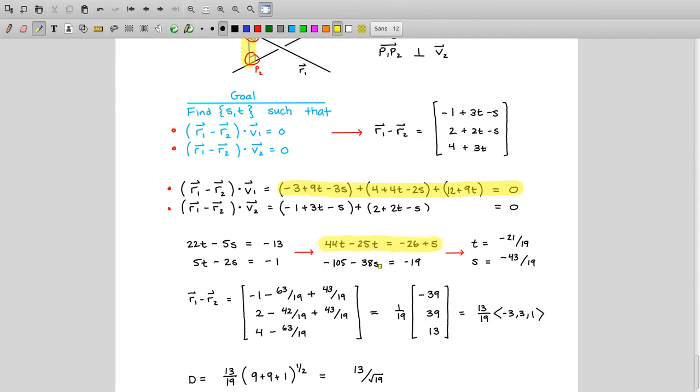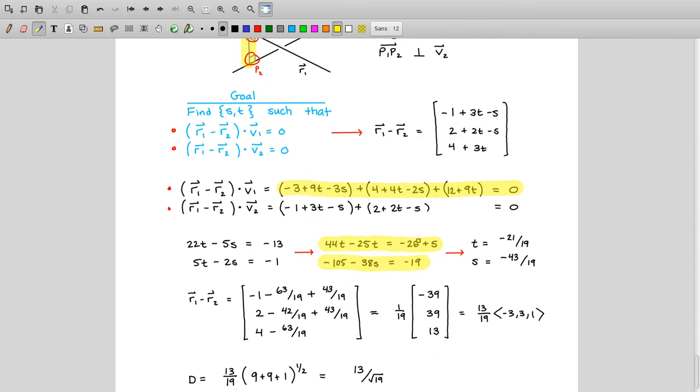And then similarly, here I want to get rid of t, and it looks like I've done 22 times the bottom equation and 5 times the top equation. And you get this equation when you subtract those, where the t's are missing.